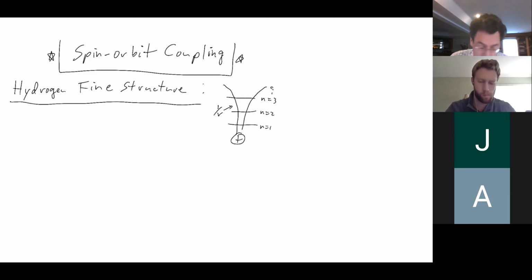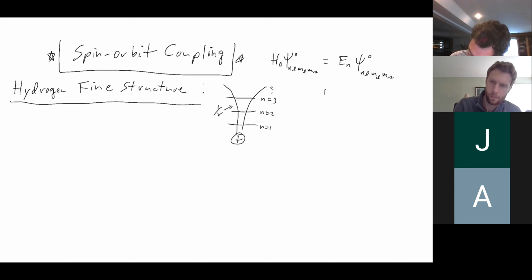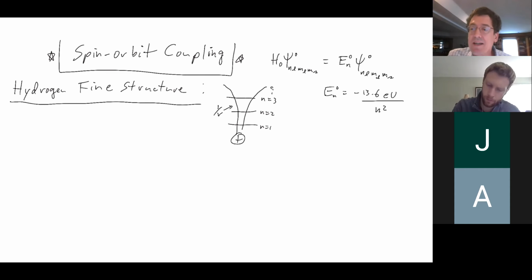And we know that for hydrogen, we have our favorite basis N, L, M sub L, M sub S, and we know that H naught psi N L M sub L M sub S equals E sub N naught psi N L M sub L M sub S, where E sub N naught is negative 13.6 eV over N squared. Okay, so that's hydrogen, and you all did that last semester, so hopefully you remember what all these things are.